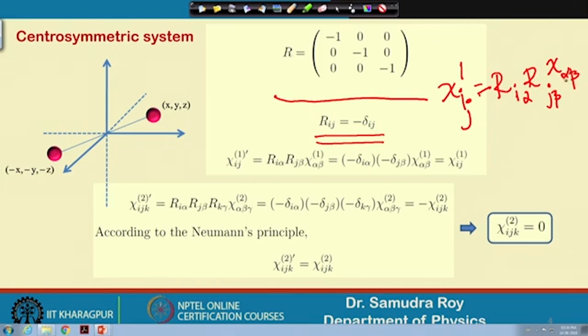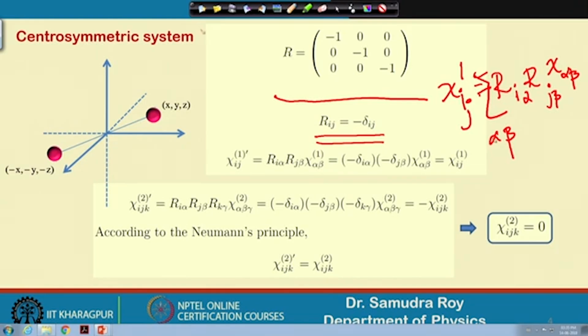Alpha and beta are repeated indices, so it should be summed over alpha and beta. Whatever value we have on the right hand side should be the value of chi i j in the prime frame.